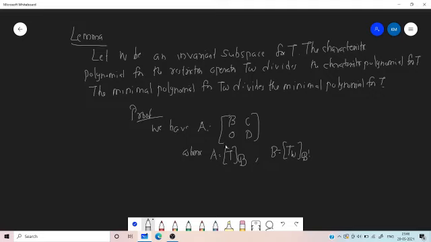Then you know that the determinant of the matrix xi minus A is equal to the determinant of xi minus B into the determinant of xi minus D. This is the characteristic polynomial xi minus A, and its determinant is equal to the determinant of xi minus B into the determinant of xi minus D.